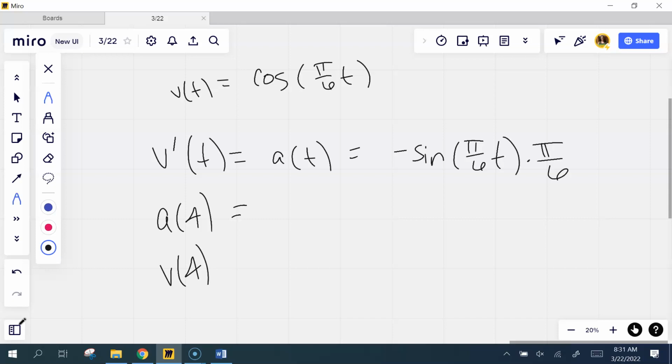Speed and velocity is usually tested more on multiple choice, but make sure you understand it because it's going to be on there somewhere. Speed is increasing when the signs of velocity and acceleration are the same. When the signs are different, it's decreasing. So this one: the speed is increasing at time t equals 4 because velocity and acceleration have the same sign.